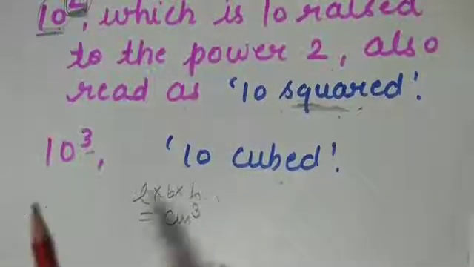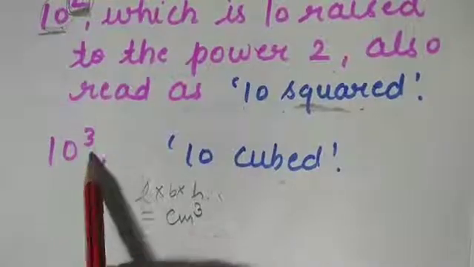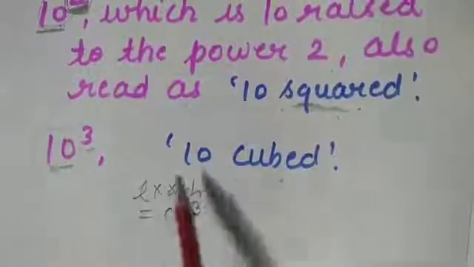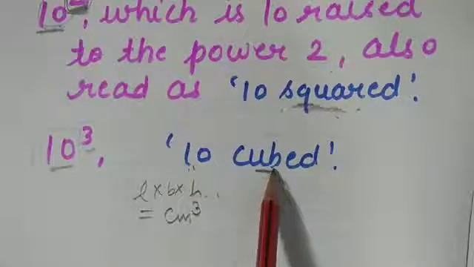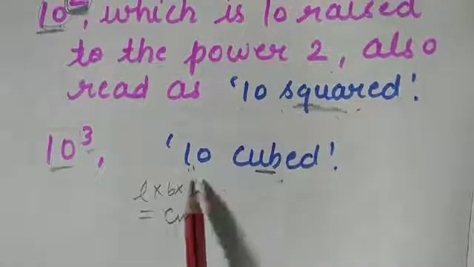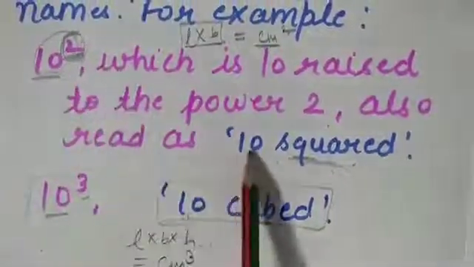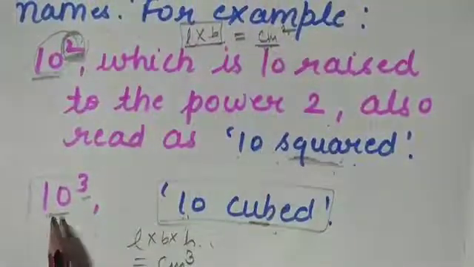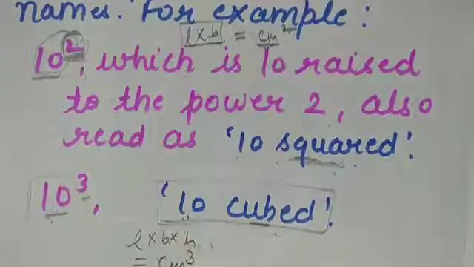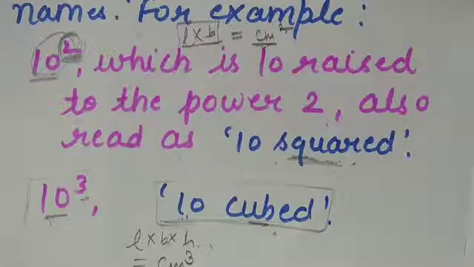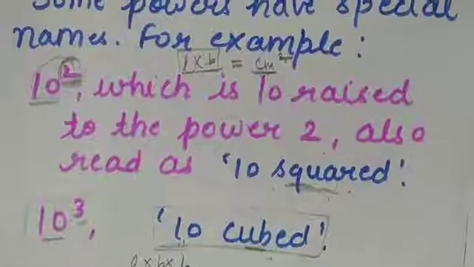So same here, if the number has the power 3 and the base is 10, it can be read as 10 cube. So there are special names: 10 to the power 2 has the special name 10 square, and 10 to the power 3 has the special name 10 cube. Now let us discuss some applications of exponents.